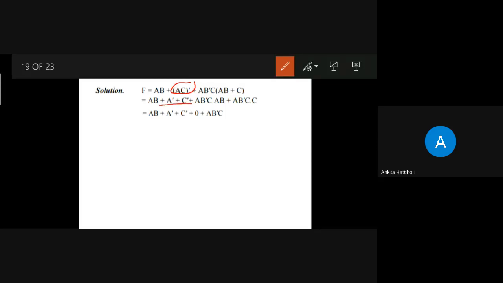So I split it as A bar plus C bar. Now I opened this bracket. So I have written A B bar C dot AB plus A bar C, A B bar C dot C. Next I have written AB plus A bar C bar plus 0 plus A B bar C.